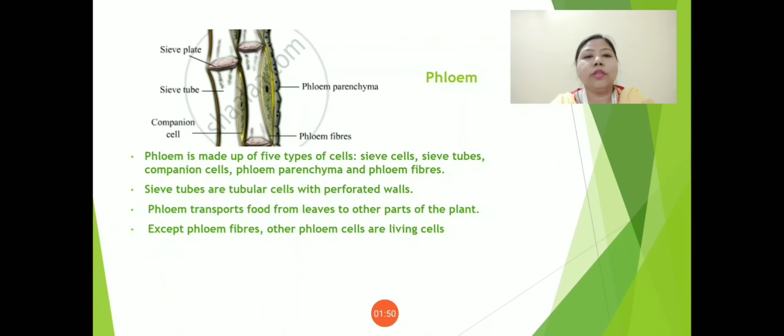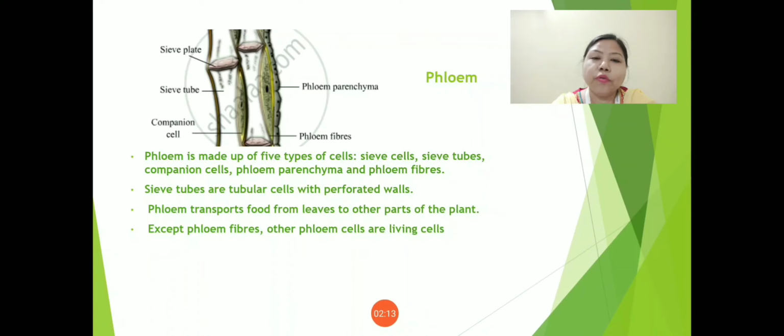So this is one type of complex permanent tissue, and phloem is another type, which is made up of five elements: the sieve cells, sieve tubes, companion cells, phloem parenchyma and phloem fibers. Sieve tubes are tubular cells with perforated walls.